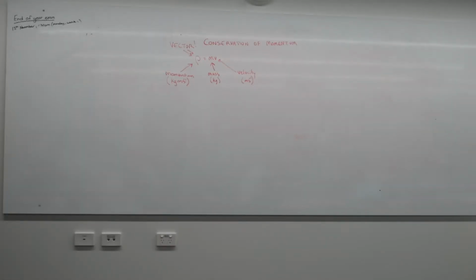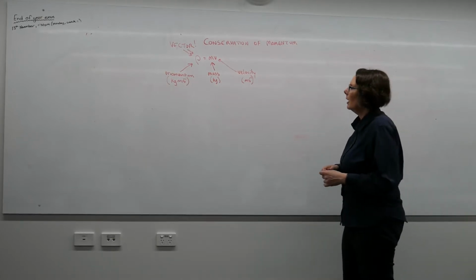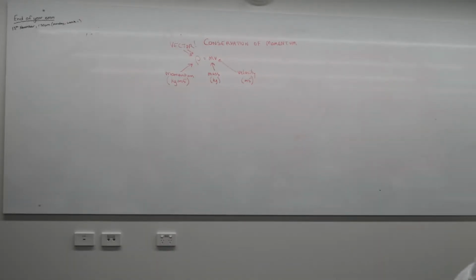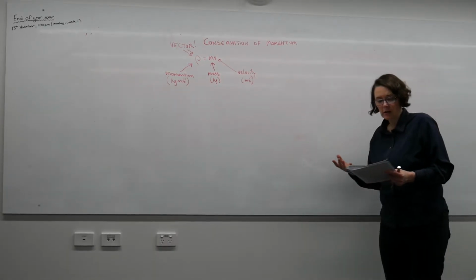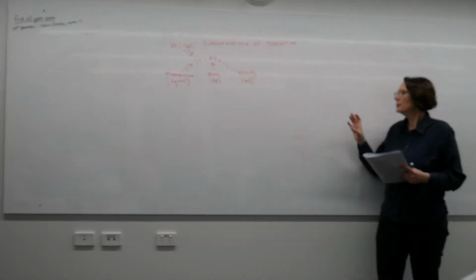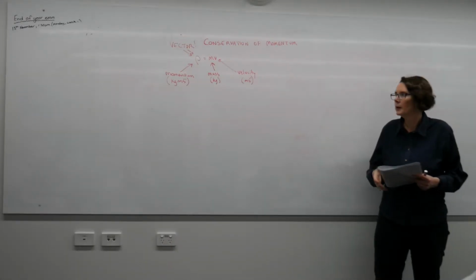Okay, so we're at the beginning of the booklet looking at conservation of momentum. Firstly, we need to decide what is momentum. Momentum is part of our laws of motion, in that it's from Newton's first law that an object will tend to keep doing what it's already doing.